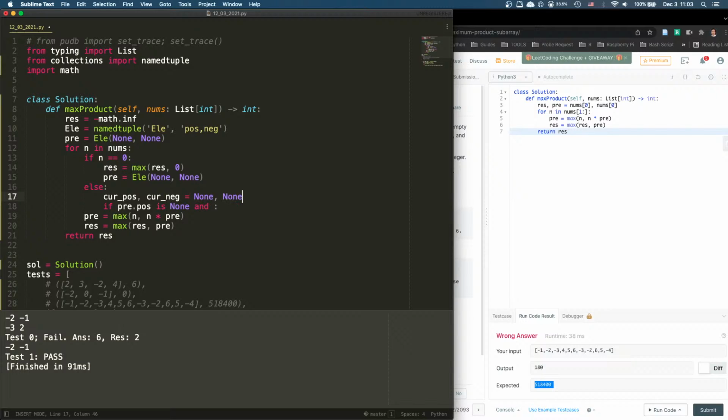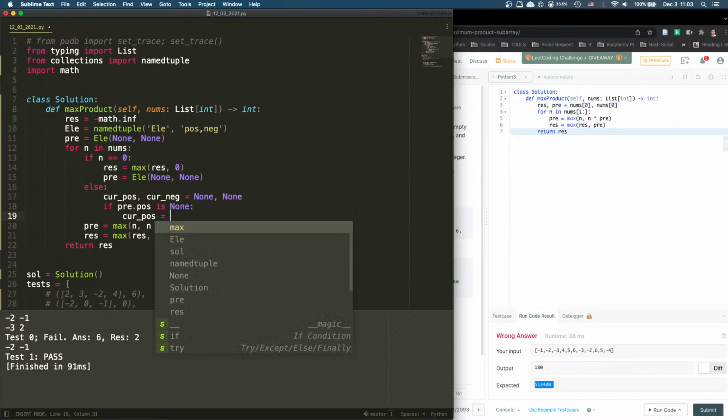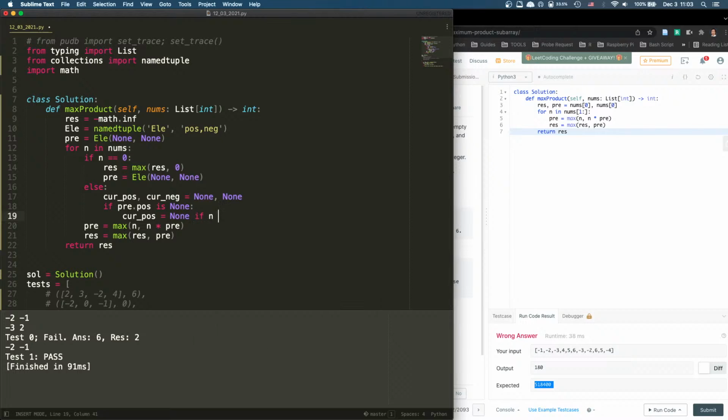We say if pre pos is none, then current positive shall be none if n is smaller than 0, else n, right?